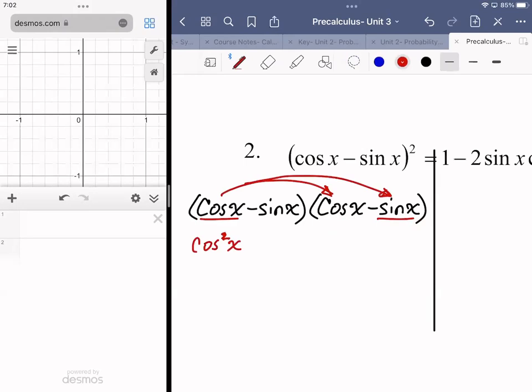Now, the best I can do here is just smush them together. Cosine times negative sine would be negative cosine x sine x, or sine x cosine x, it doesn't matter. Right? Then what I would do is take this negative sign and multiply it by the cosine. So negative sine x cosine x.